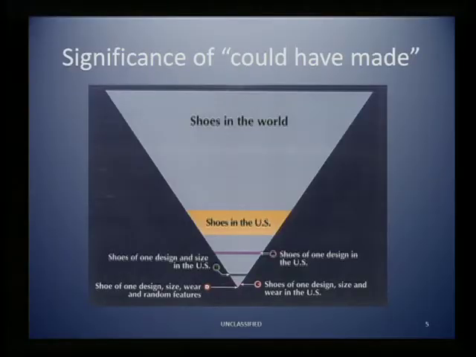So how important is that in drawing your conclusion? If you look at the significance of a "could have made," at the top of the triangle, all the shoes in the world, there's a very large number of footwear that are purchased by people.